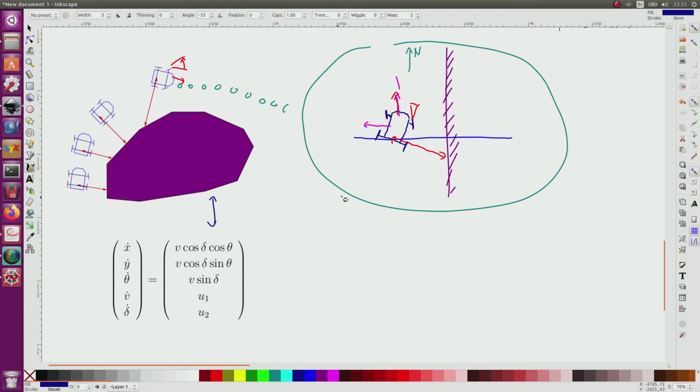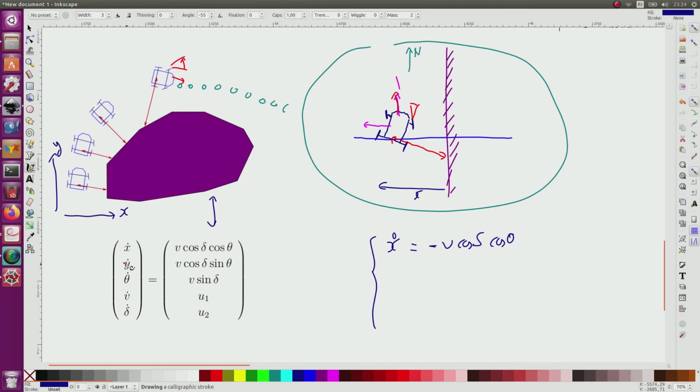Now, in this world, we'll have x dot equal also to v cos delta cos theta, but now x, which was corresponding to this like this, and y was like this, here it will correspond to the distance here on the left side of the wall. So this is why here I will put a minus, because the signification of x is now the distance to the wall and not to the x-axis represented in the real world.